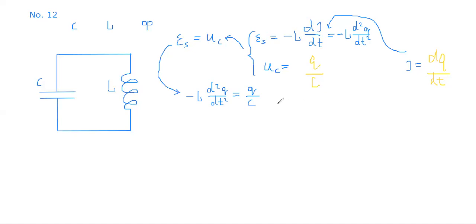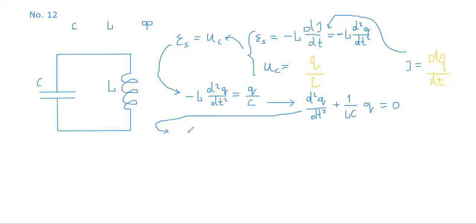Okay, and from here we have that d2q divided by dt to the power of 2 plus 1 divided by LC times q is equal to 0.